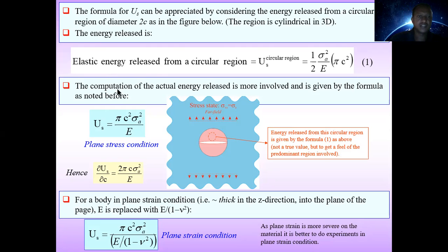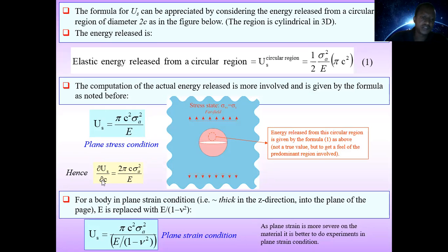The elastic energy release from the circular region, Us circular, is equal to half sigma A square over E times pi c square. That is for the fully circular region. The computation of the actual energy release is more involved and is given by the formula Us equal to pi c square sigma A square over E. This is in plane stress condition.